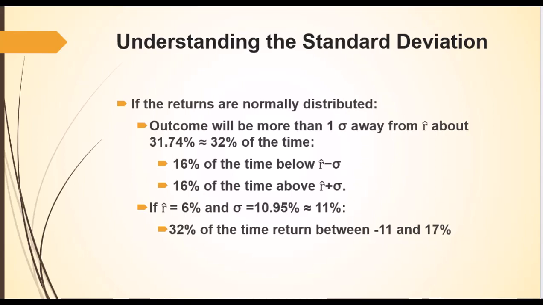If the return is 6%, standard deviation's 10.95, roughly 11, then 68% of the time the return is going to be between negative 5 and 17. Just take 6 minus 11, that gives negative 5, and 6 plus 11 is 17. So it's in this range between negative 5 and 17%.